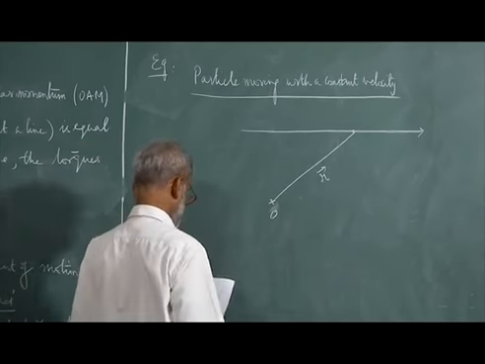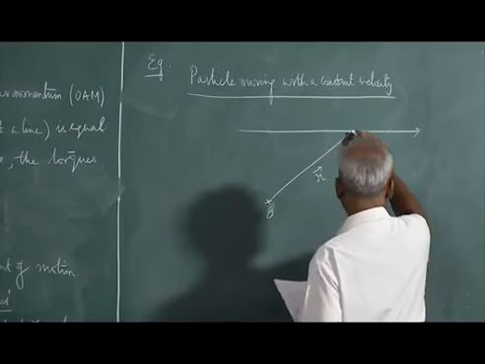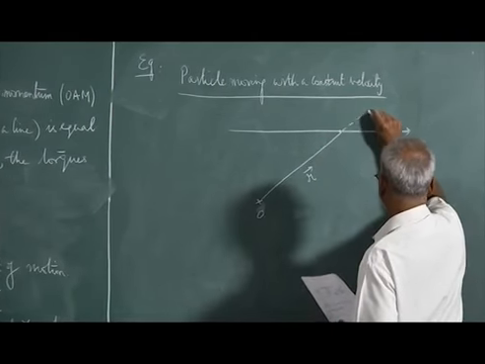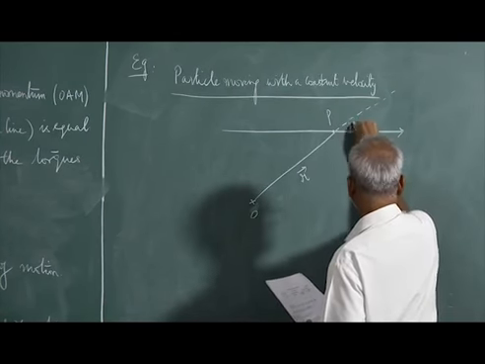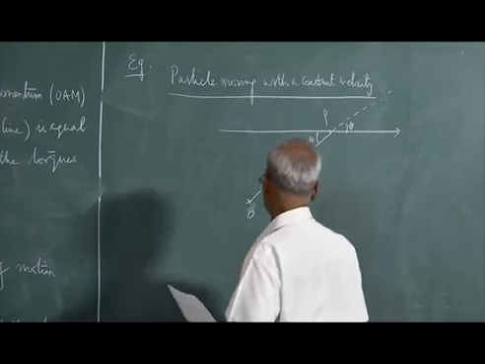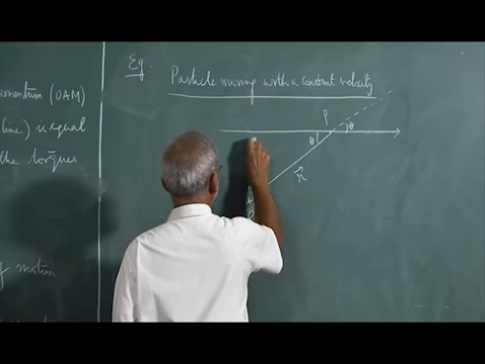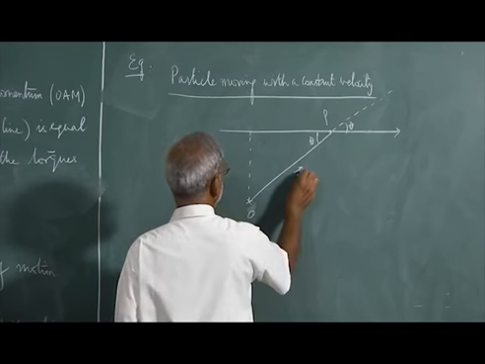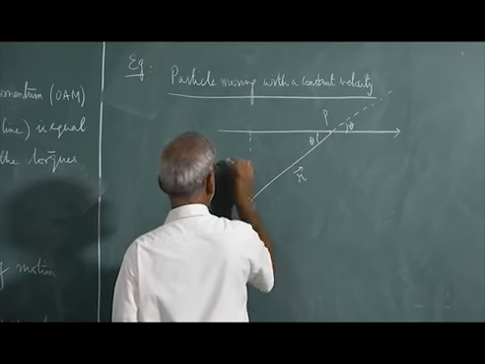Then I will produce this, sorry, this is the particle, this is theta, strictly speaking not necessarily, we will see that. I will drop a perpendicular from here. So, this is r, therefore, this is opposite corresponding to sin theta.